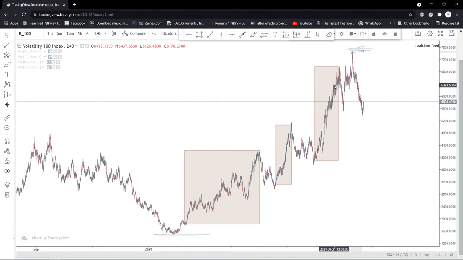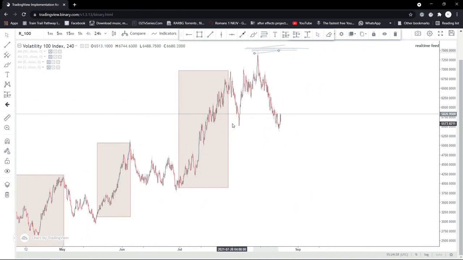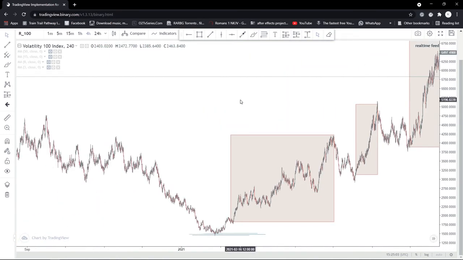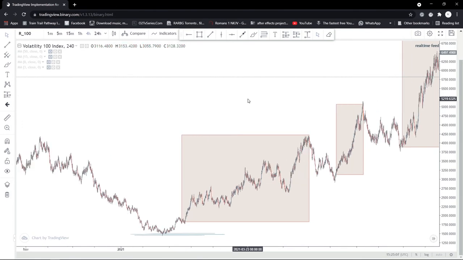So guys, the levels are like this, but I want to show you how to trade a level within a level. I hope you do understand me. So it's English. There's a level within a level.